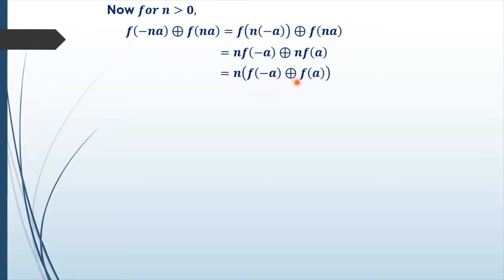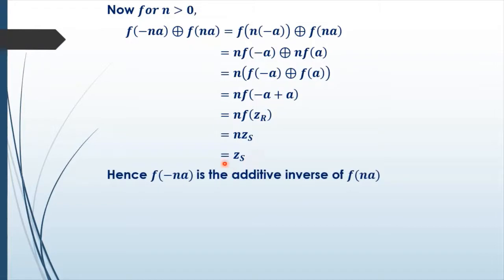And since f is a homomorphism, you can rewrite this as n into f of minus a plus a, and this is equal to n into f of zero of R, which is nothing but n into zero of S, which is equal to zero of S. So we have found that f of minus na plus f of na is equal to zero of S. Hence f of minus na is the additive inverse of f of na.